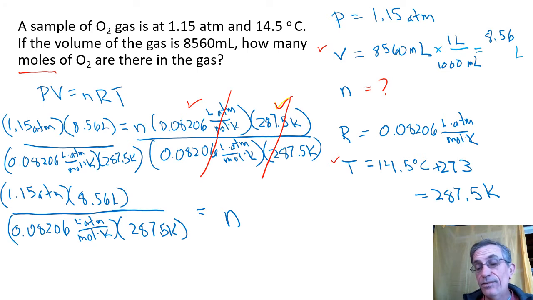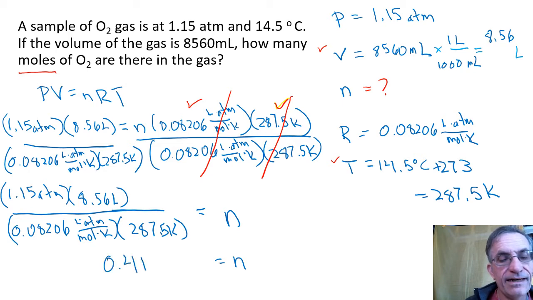Okay, so that's what it should look like. Now, if you multiply all those numbers together and divide them, and you type in your calculator correctly, you should end up with 0.415 moles. That's what you should come up with.